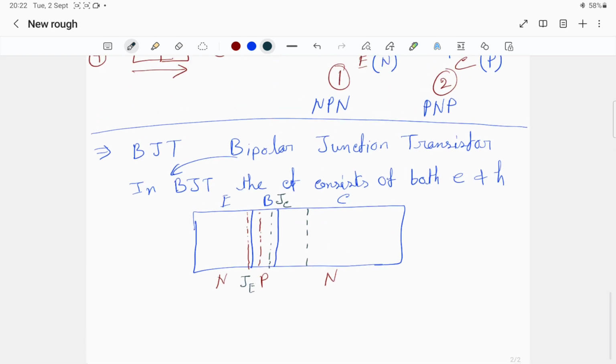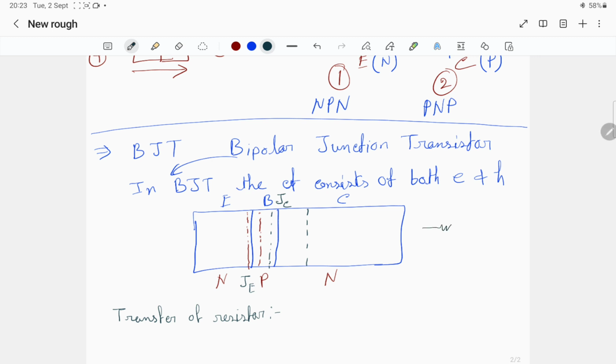And there is another term called transistor, right? Transistor simply means transfer of resistor, right? Why is it called so? Because if you look at the device, if you look at BJT from different terminals, the resistance that you will see would be different.